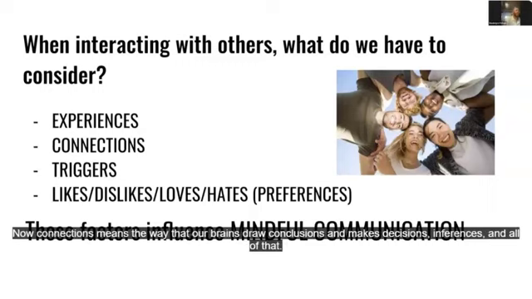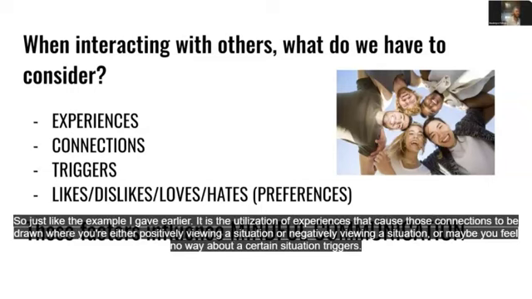Connections means the way that our brains draw conclusions and make decisions, inferences, and all of that. So just like the example I gave earlier, it is the utilization of experiences that causes those connections to be drawn, where you're either positively viewing a situation or negatively viewing a situation, or maybe you feel no way about a certain situation.